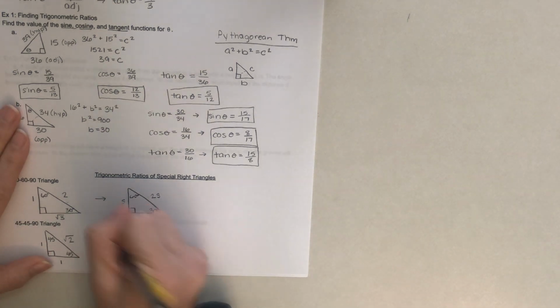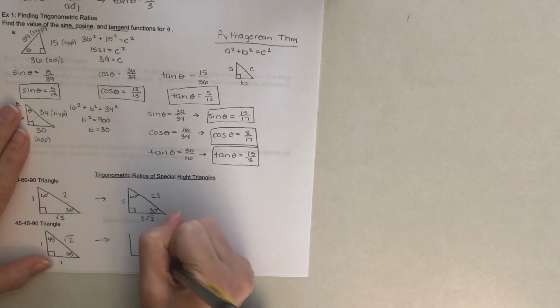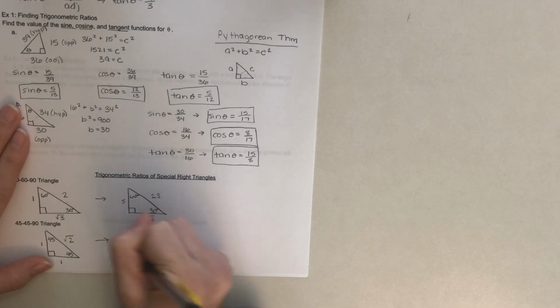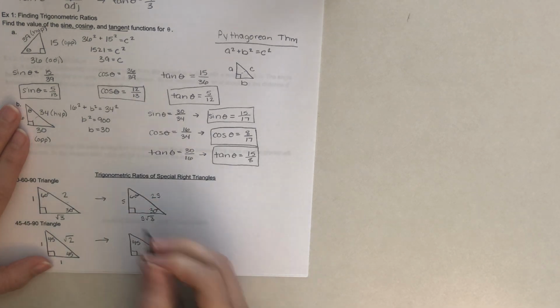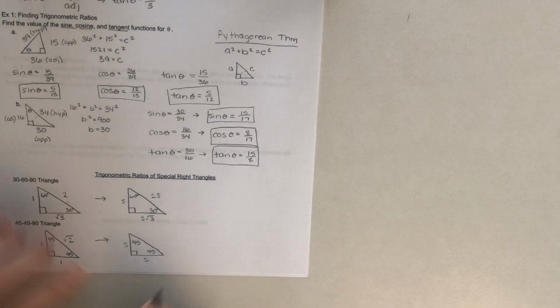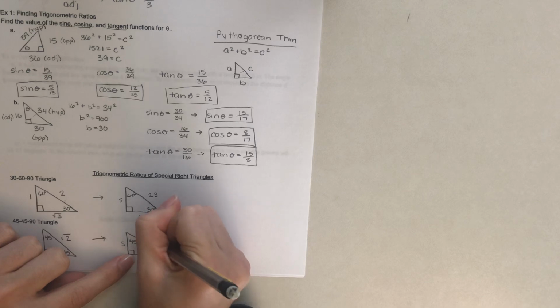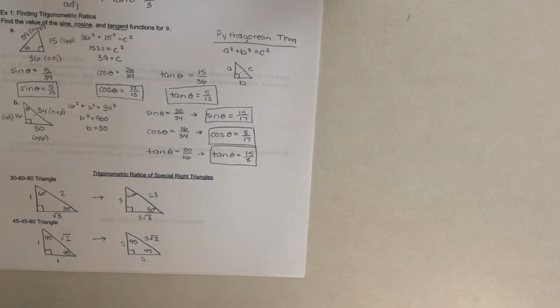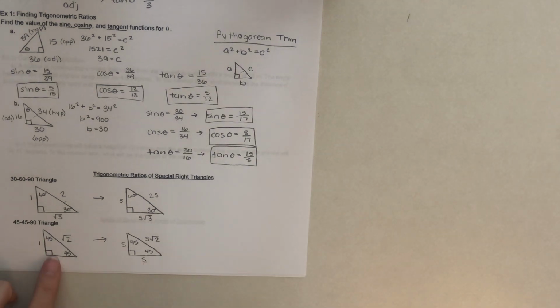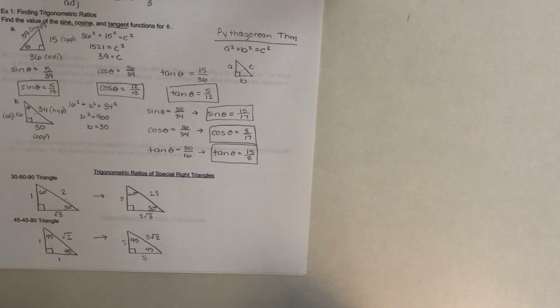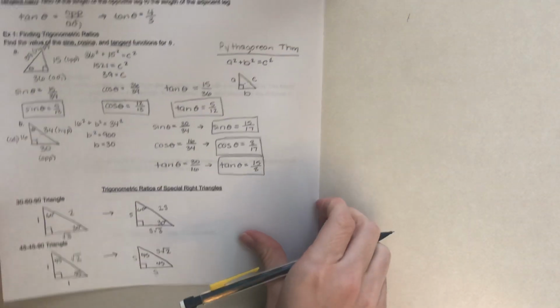In a more general term, I have 45, 45, 90. Okay, so my two sides are the same. And then my hypotenuse is going to be whatever that side is times the square root of 2. Okay, so if you look at 1 and 1, my 1's technically in front, so that is where that is coming from. Okay, moving on to page 2.